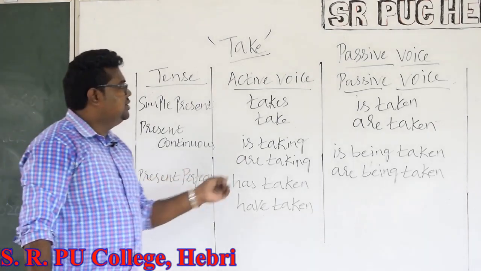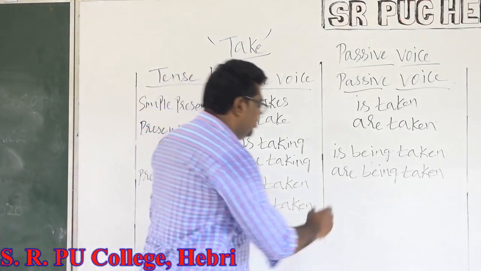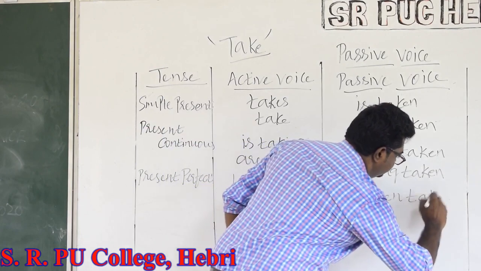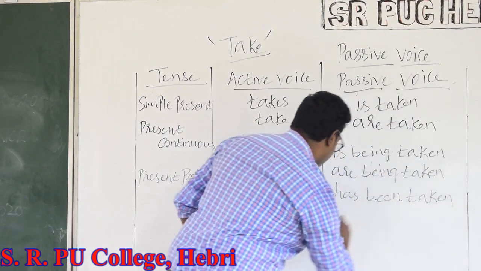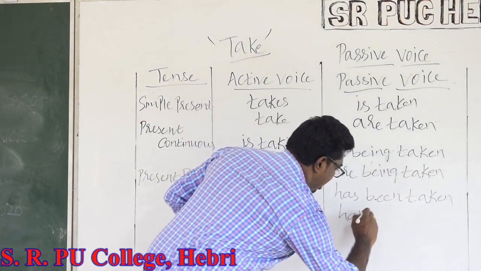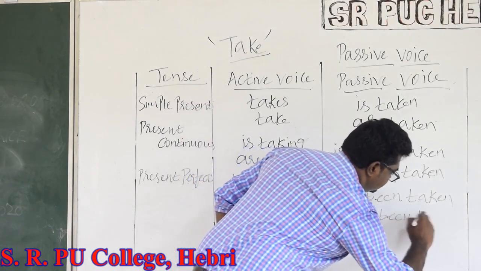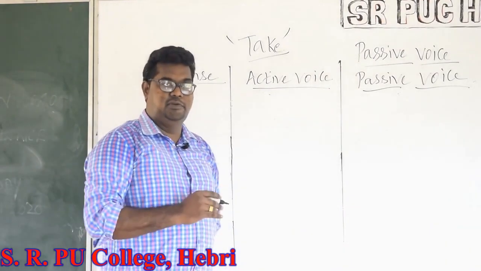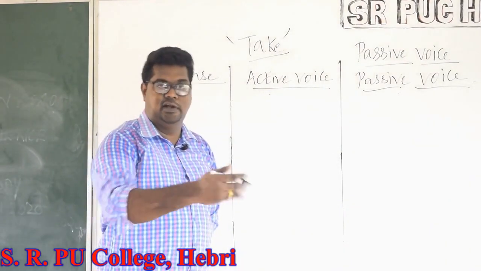So when you change this into passive voice, has taken will become has been taken, and have taken will become have been taken. And we don't have the fourth subdivision called present perfect continuous tense.